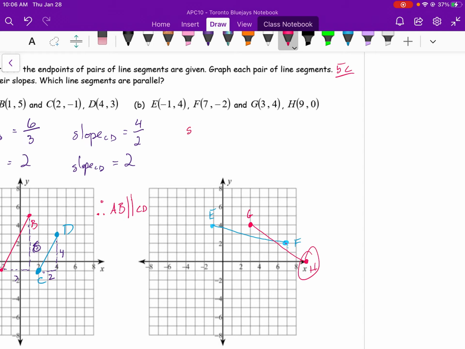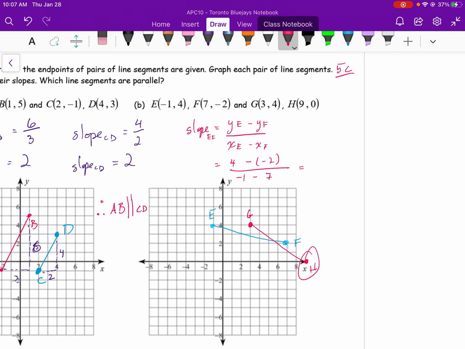So what I'm going to use is my slope is YE minus YF, so this will be my slope of my line segment EF, divided by XE minus XF. So YE is 4 minus YF, which was -2, divided by XE is -1, subtract XF is 7.